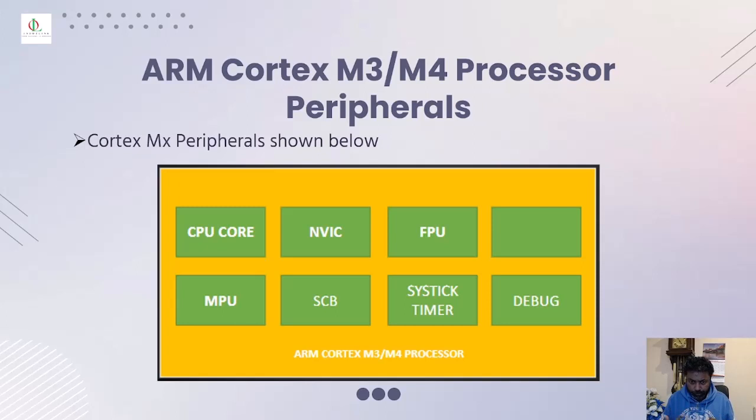As we know from the M4 architecture in session 4, these are all the peripherals it has: the CPU core, the nested vector interrupt controller, the floating point unit, the memory protection unit, the SCB, the SysTick timer, and the debug. These are all the peripherals the ARM Cortex M4 has.